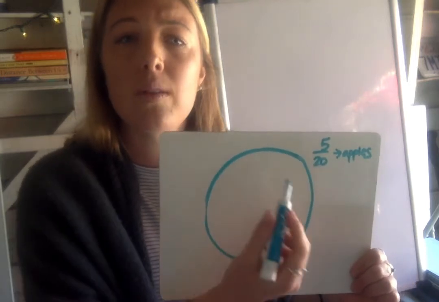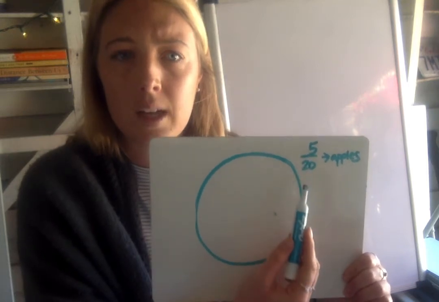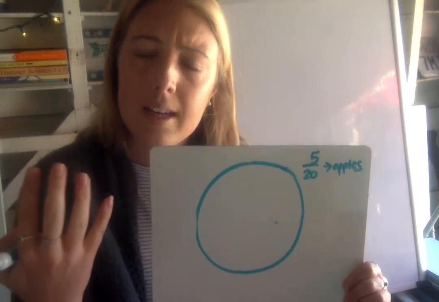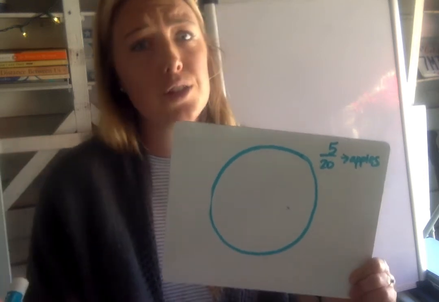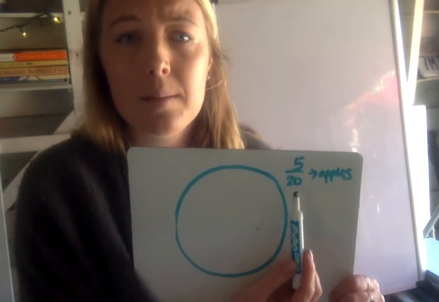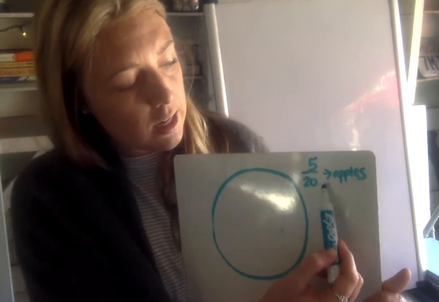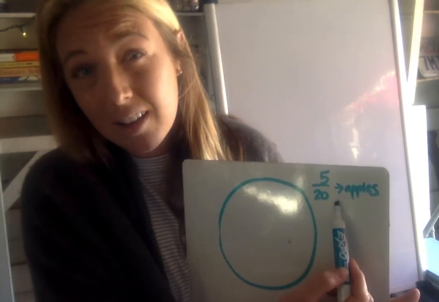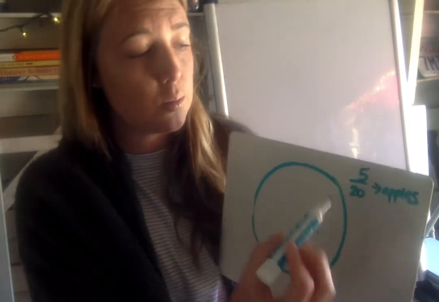If this whole thing is 100%, I need to find the percentage of 5 over 20. I can think about what fraction that is and convert that into a percentage. Or I can say percents mean I need my denominator as 100. So 20 times 5 is 100. So then 5 times 5 is 25. So this is equal to 25%.